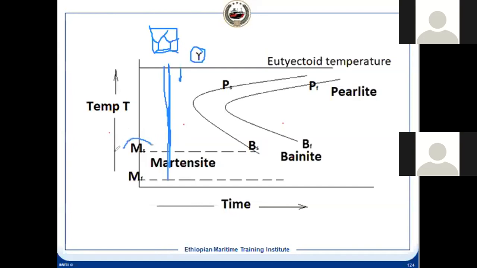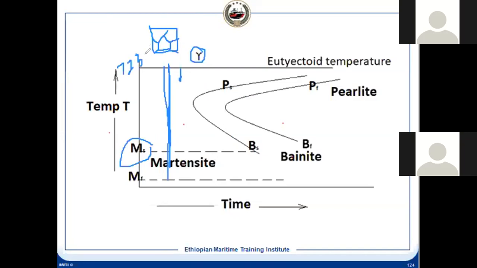If we quench immediately, martensite will start here on this dotted line and finish at this line, because it needs some time for transformation. Suppose from here we go down, and this is 723 degrees centigrade, and sometimes we go above.